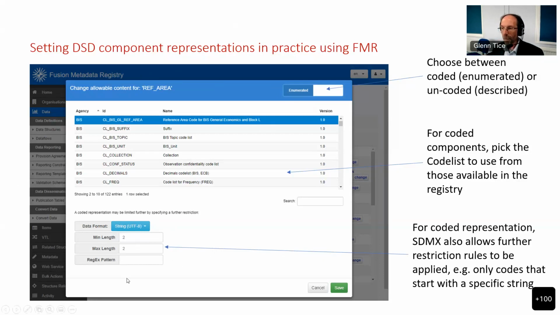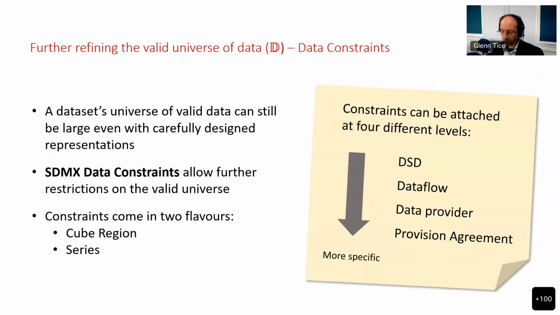So that's really helpful, but in certain circumstances the universe of data, by setting representations on our DSD, can still be too large, and typically this is where we're using generic code lists. So the frequency code list actually contains quite a lot of frequencies, even down to hourly or minutely, and for many data exchange use cases some of these values are simply not valid.